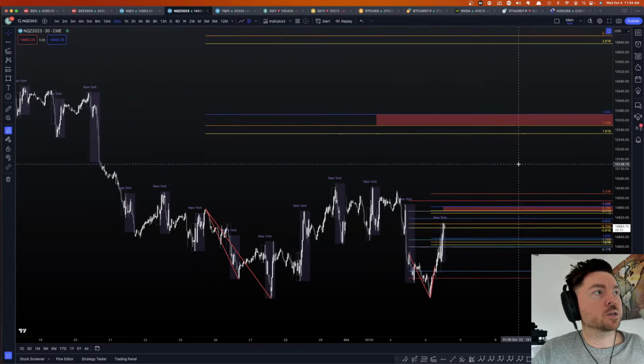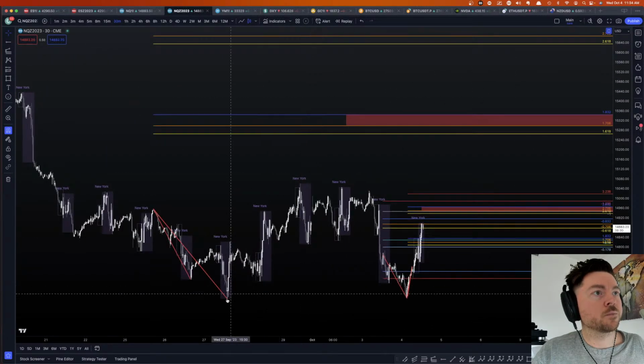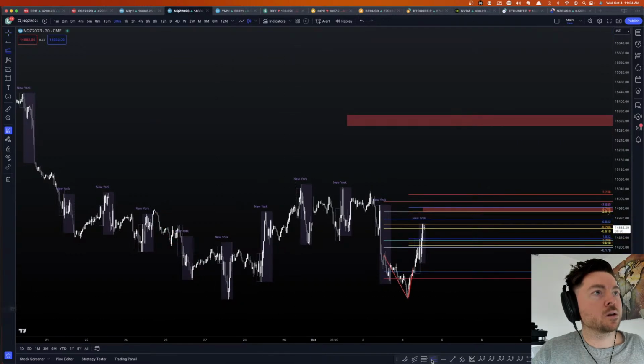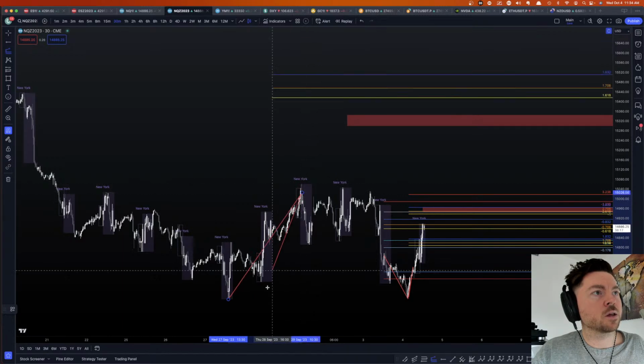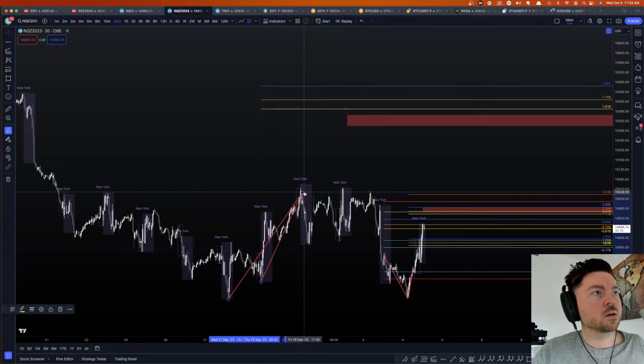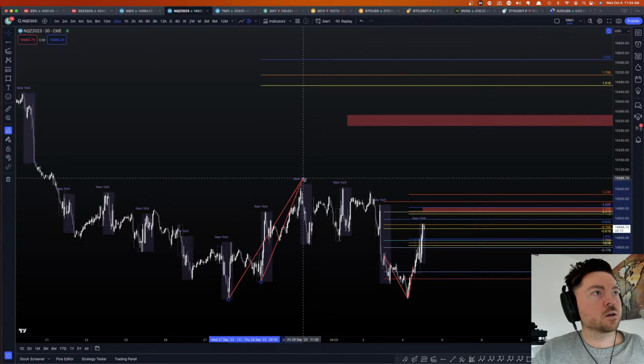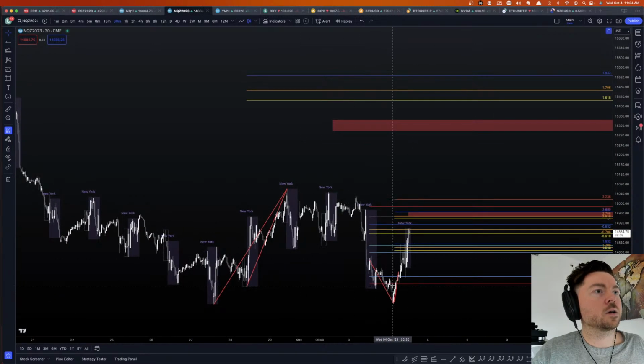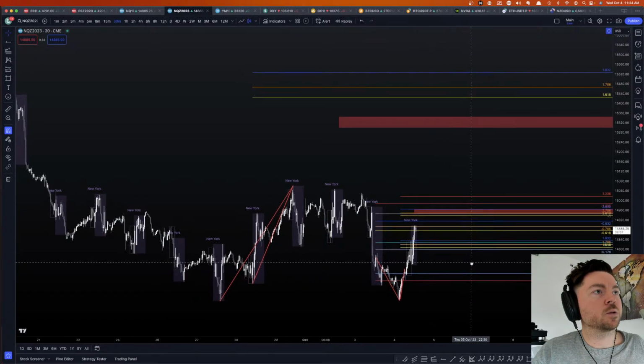Looking up to these targets here, and if that's the case, then I guess I was kind of seeing this as a leading diag like that. It retraced pretty deep, but it would still be valid.